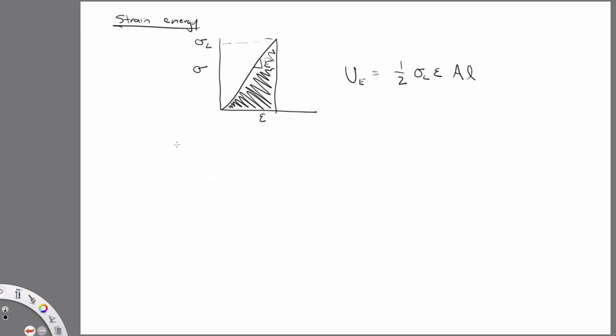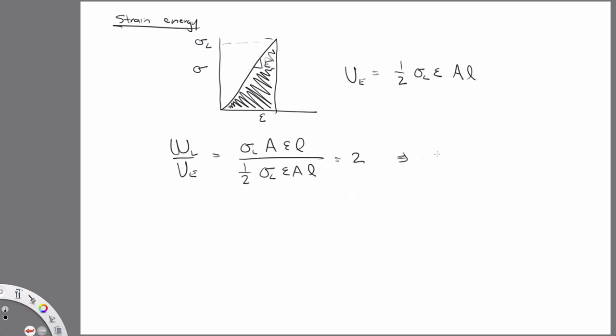So if we look at the work due to loading divided by the strain energy, then you have something like this. And that's equal to 2.